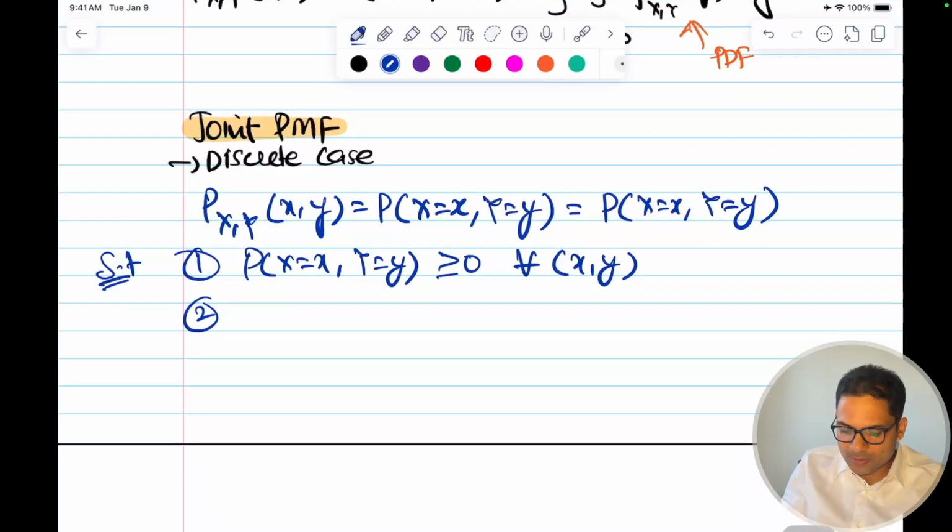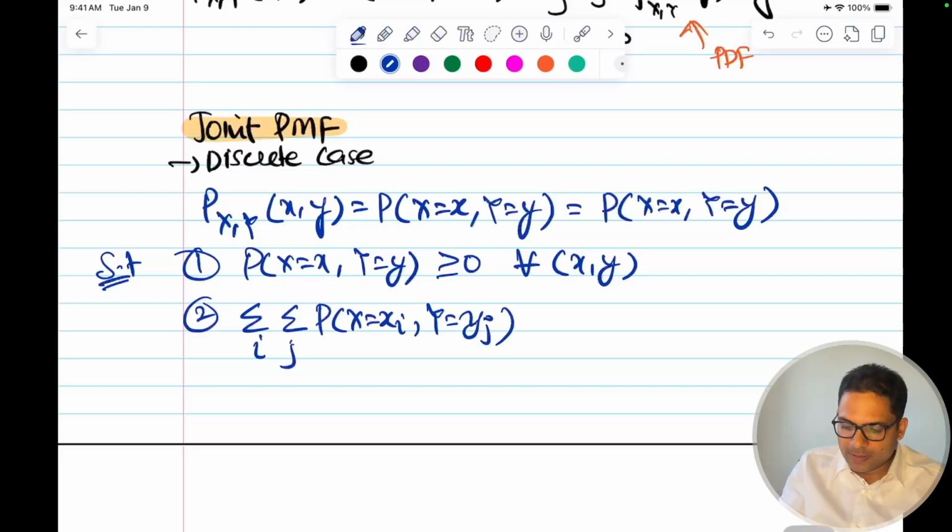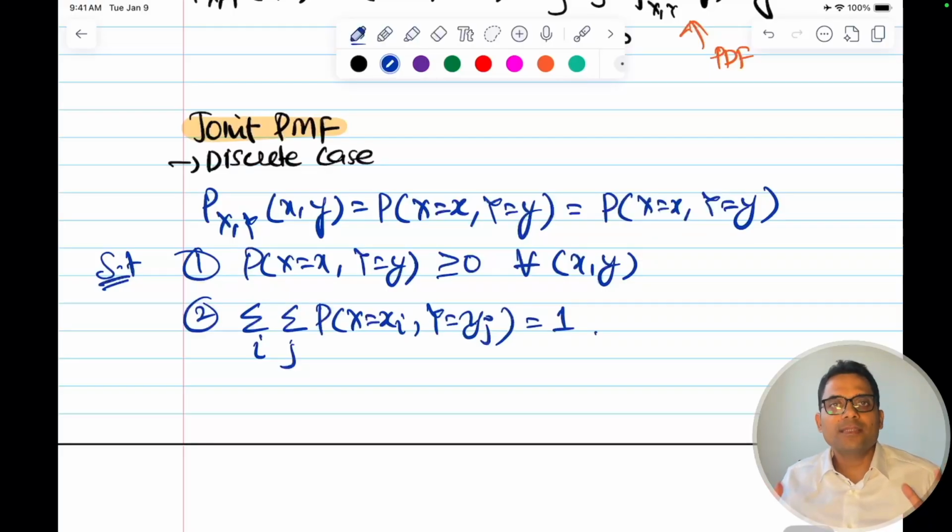So the summation over i, over j, of the probability that X is equal to xi and Y is equal to yj should sum up to 1, because the maximum total probability is 1. All these should add up to 1.